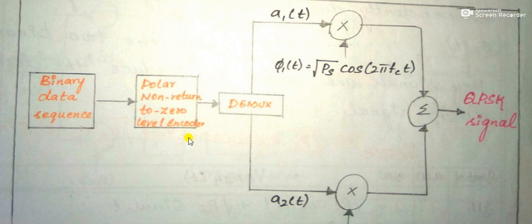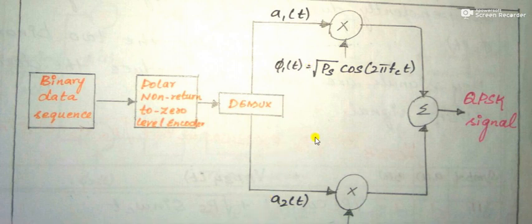The binary wave is divided by means of a demultiplexer into two separate binary waves consisting of odd and even numbered input bits, which are denoted as A1(t) and A2(t).